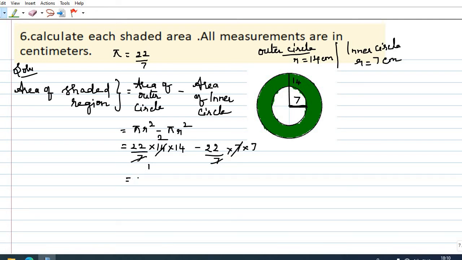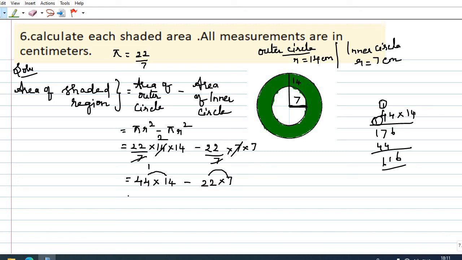So 22 twos are 44 into 14 minus 22 into 7. I am going to multiply this 2 and this 2 and I am going to subtract. Just we do it in the rough column. 44 into 14. 4 fours are 16, 1 carry over. 4 fours are 16, 17. 6, 11, 1 carry over, 4 5 6.